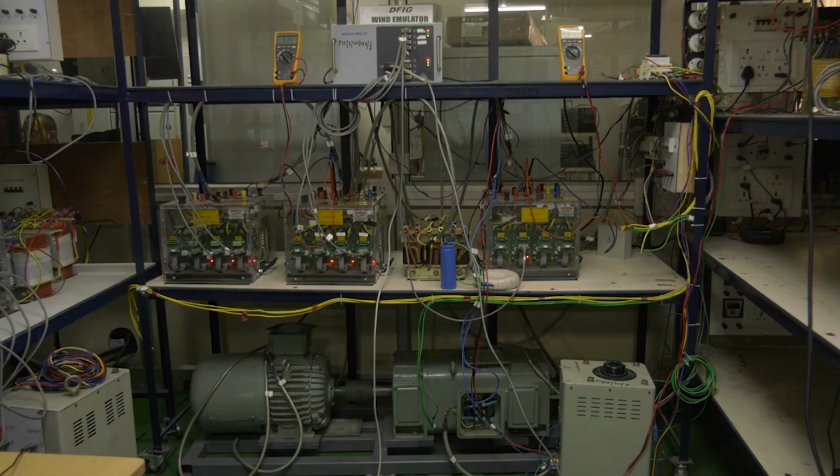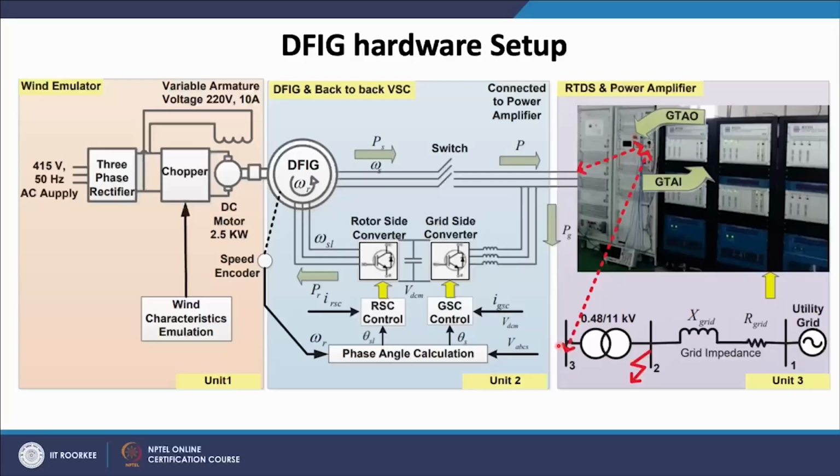The voltage is fed to the main supply of the setup. The voltage generated at bus 3 of the network simulated in RTDS is scaled using the voltage gain and is applied to the DFIG wind system via the amplifier.